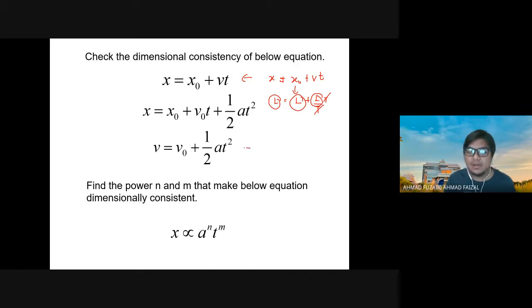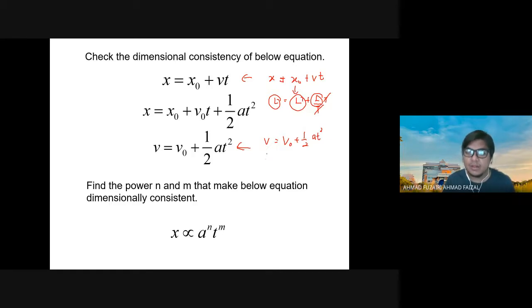Okay, let me jump to this question. For example, v equals v naught plus half a t squared. How about the half here? The half is a coefficient. You don't have to put coefficients inside the dimensional analysis, just the parameters, the terms we use.